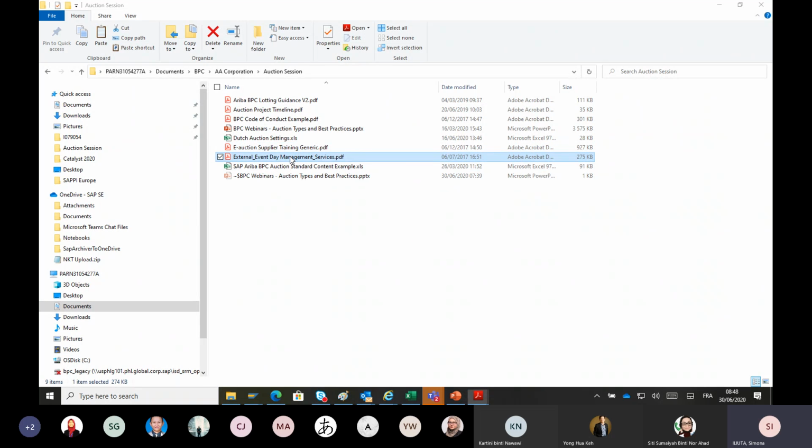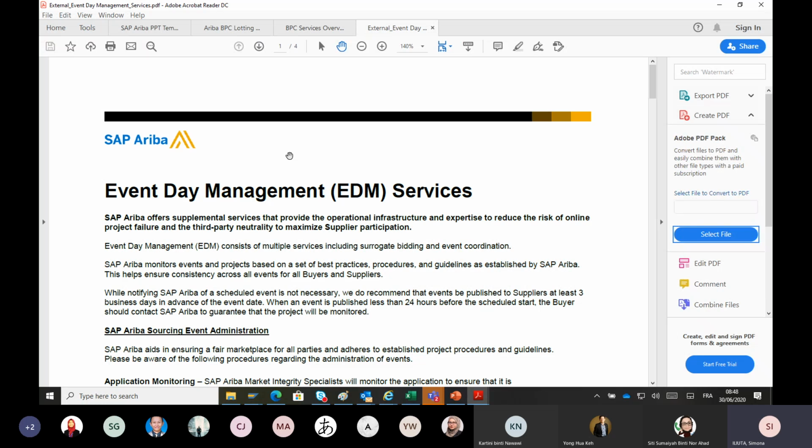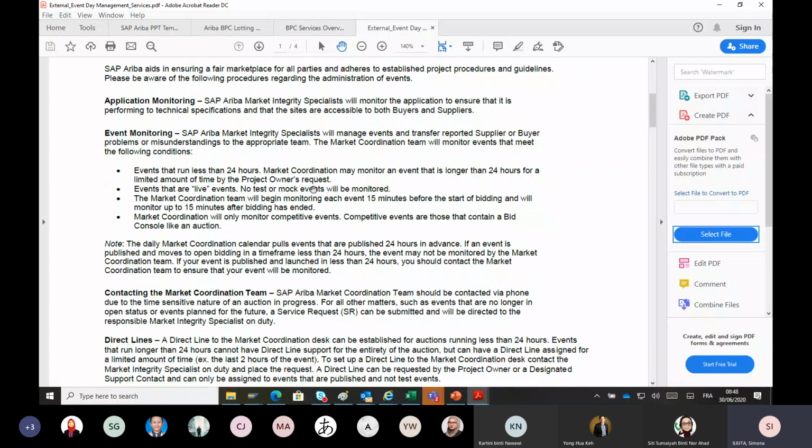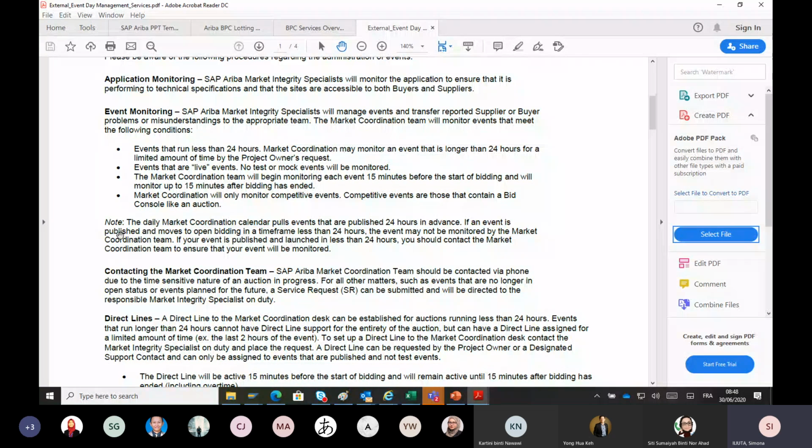We also have the external event day management services. This is purely about EDM services. So what do the auctioning teams do for you? Remember, I mentioned to you in the meeting that you need to create a service request. The project owner creates a service request where they ask the system, Ariba, to have a coordination team, a market coordination team.